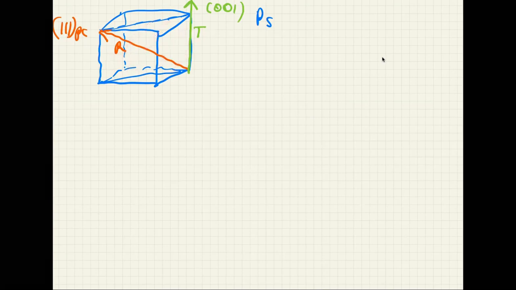So that would be, let's say, somewhere here, somewhere here, somewhere here. Those would all be monoclinic structures. Same type of structure, but the polarization vector can lie anywhere in that plane.